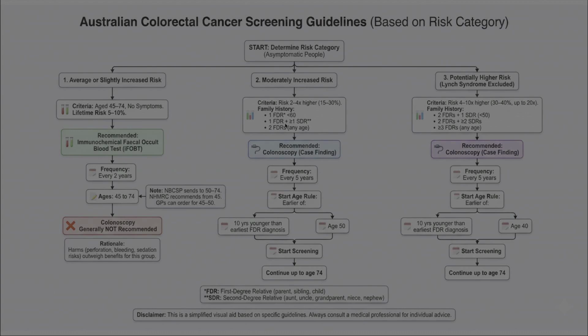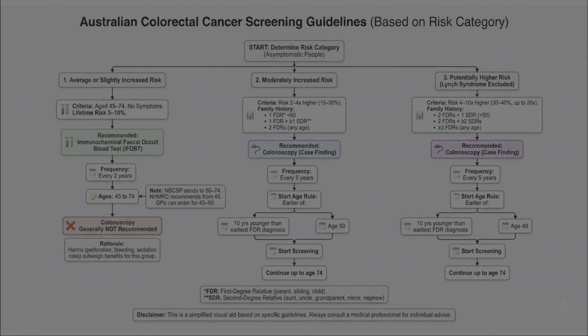Once you hit this lane, the game changes. The test becomes colonoscopy every 5 years, starting at the age of 50 or 10 years younger than the earliest FDR diagnosis, whichever comes first. And we will continue it up to age 74.